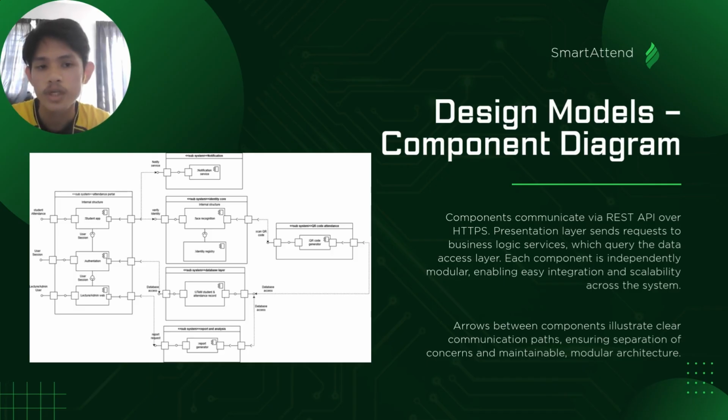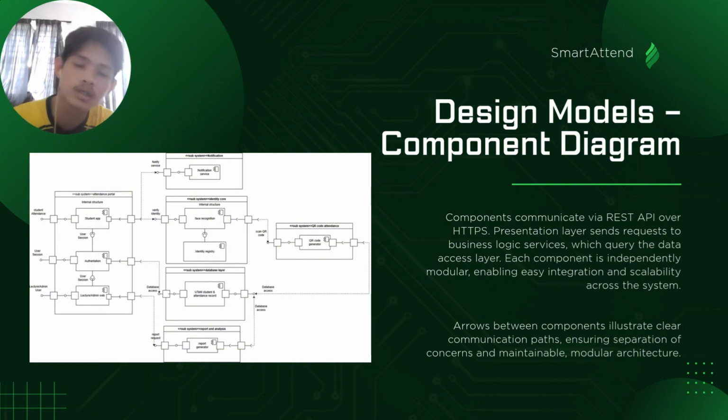Then moving on to the component diagram. This diagram illustrates how the different parts of Smart Attend communicate with one another. As you can see, the presentation layer, which includes the mobile application for students and the web application for lecturers and administrators, sends requests through a secure REST API over HTTPS.